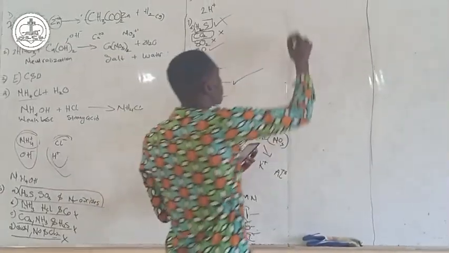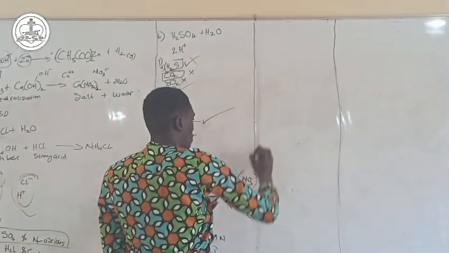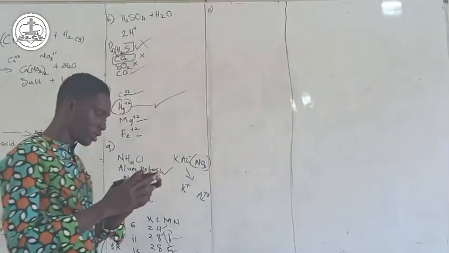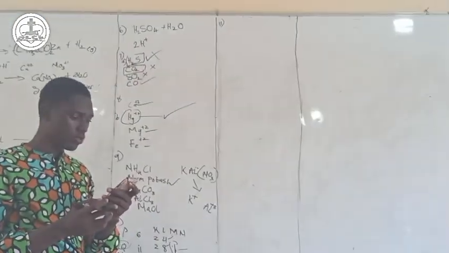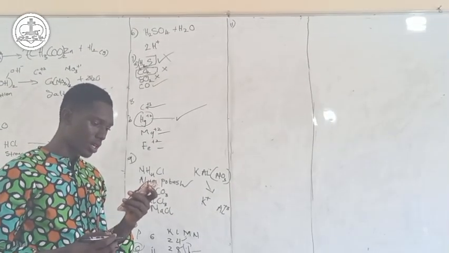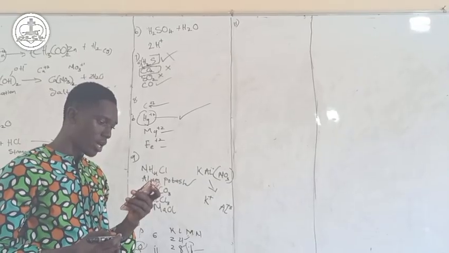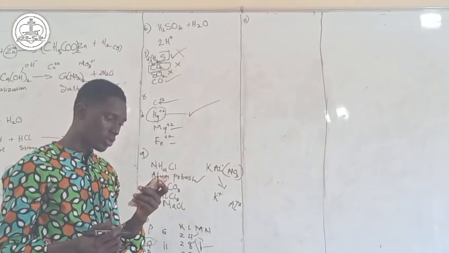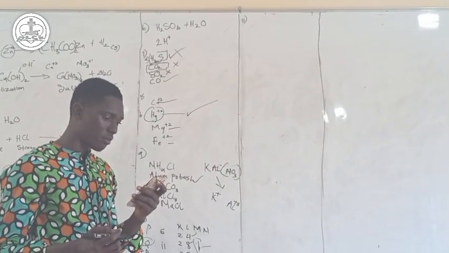Next question, number 11. It says in the oil drop experiment, Millikan determined the charge to mass ratio of the electron, B, mass of the electron, C, charge of the electron, D, mass of the proton.